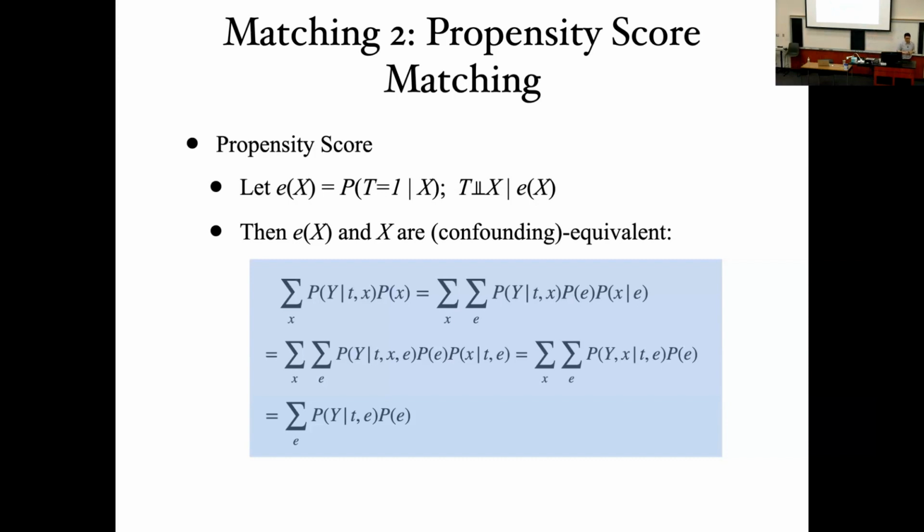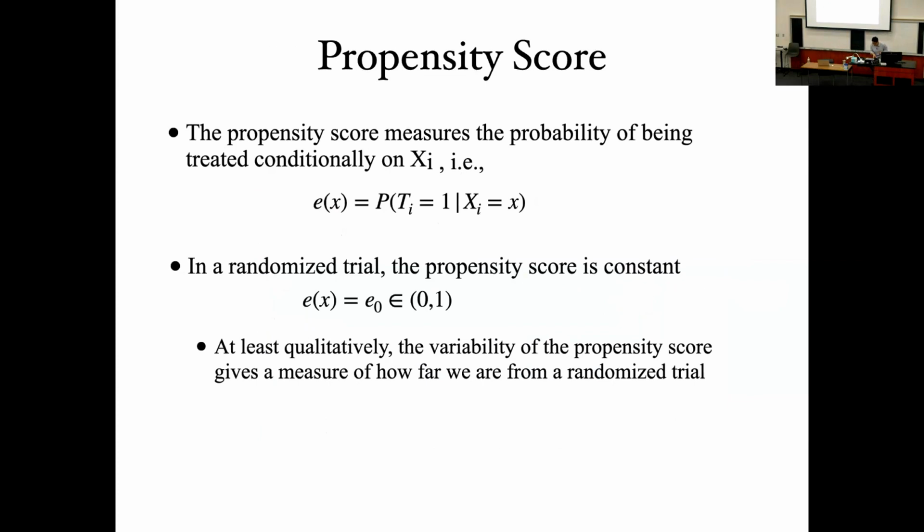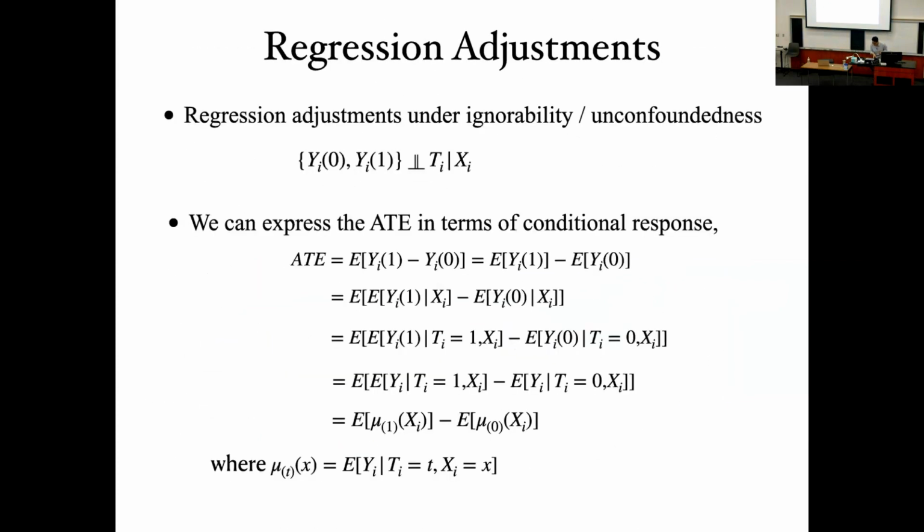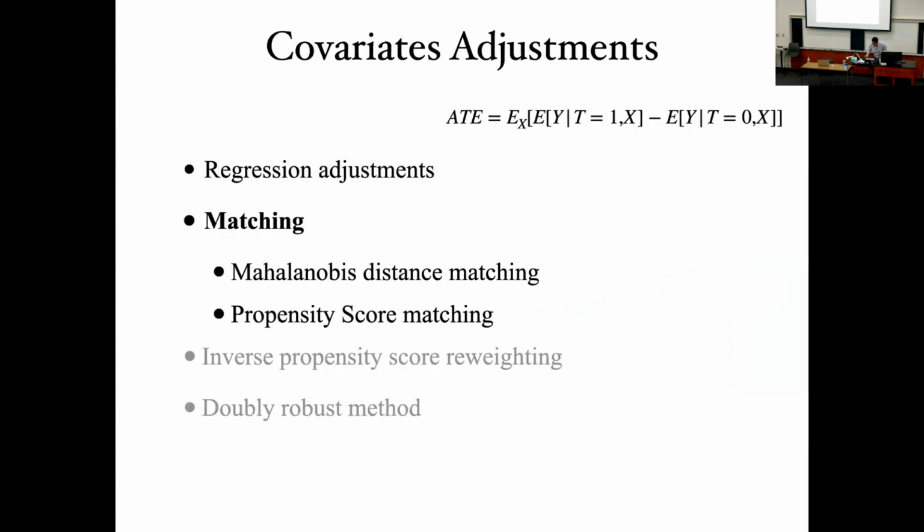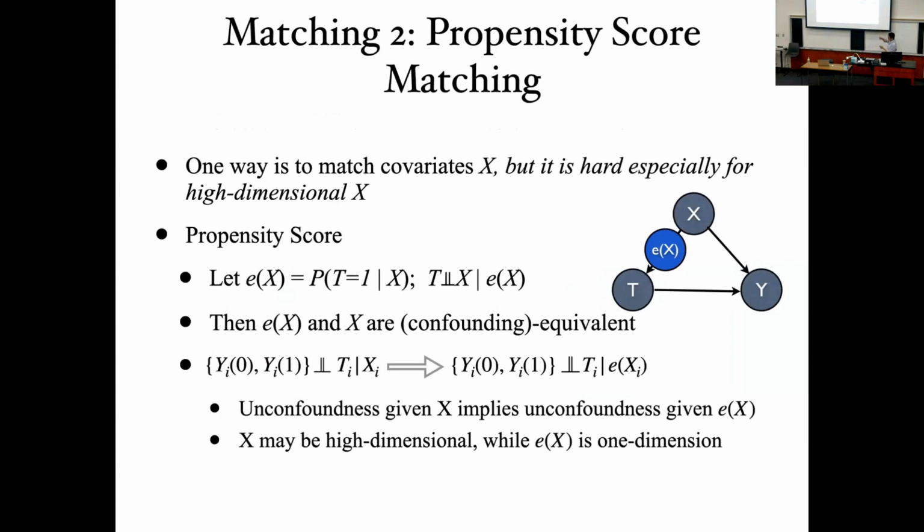For instance, when we do regression, suppose we are doing regression from X to T. Right here, you can see we want to find this function so that they are conditionally independent.